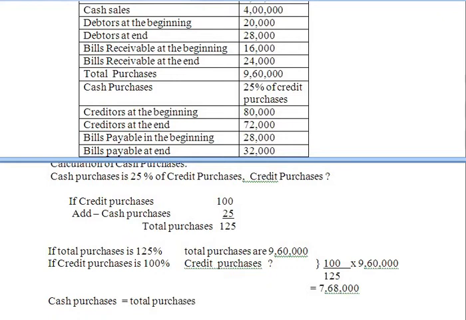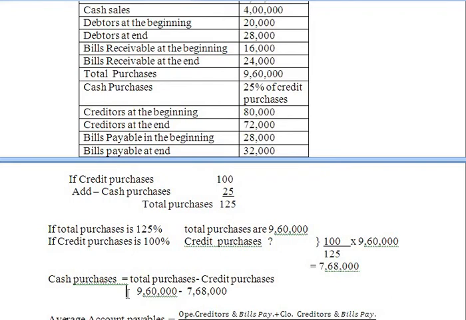The amount of total purchases is 9,60,000, minus credit purchases, which we have calculated as 7,68,000. So next line, write 9,60,000 minus 7,68,000 is equal to 1,92,000.